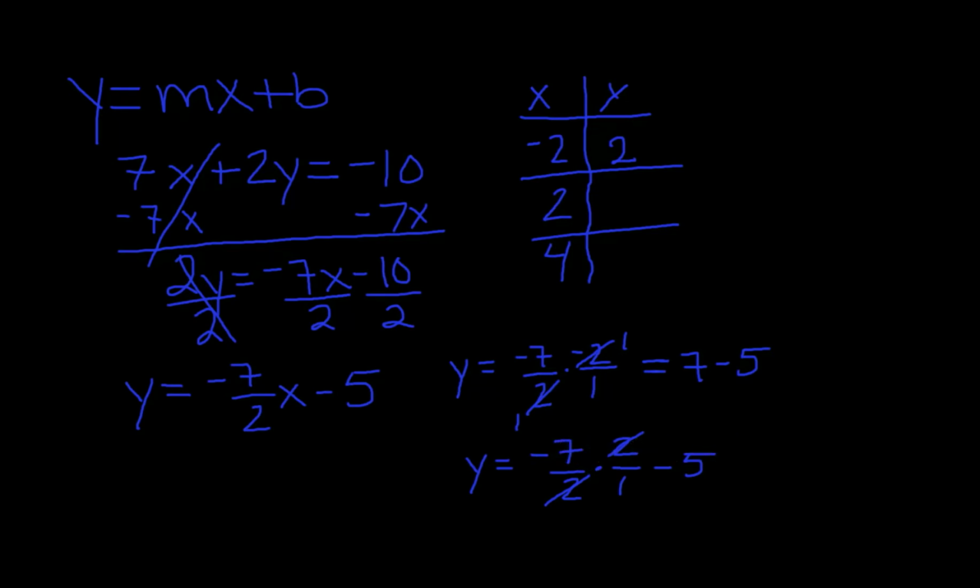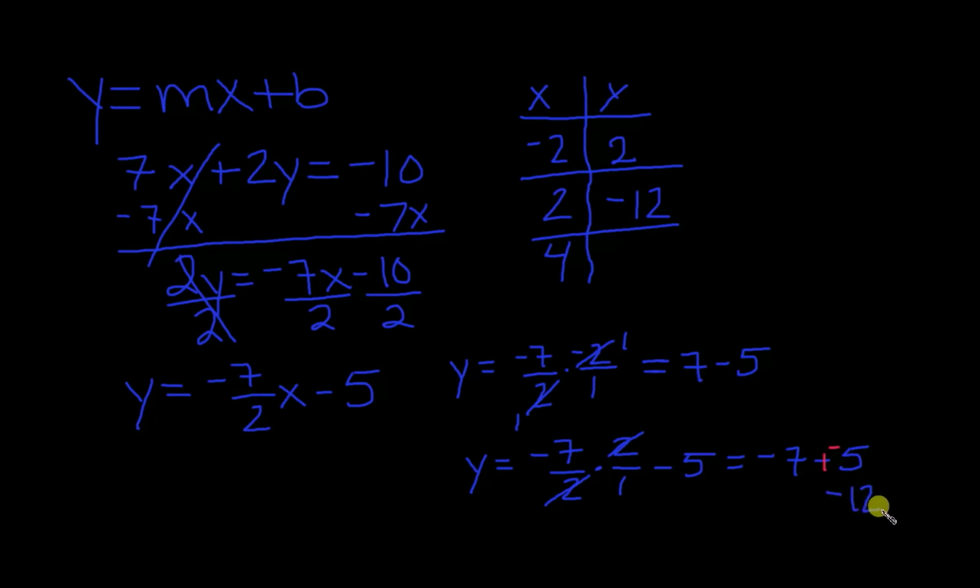So now we have a negative 7 minus 5. Well, we have two negatives here. So negative 7, and technically, we are adding a negative 5, which is going to give us a negative 12. So if we input 2 for x, we get negative 12 for y.